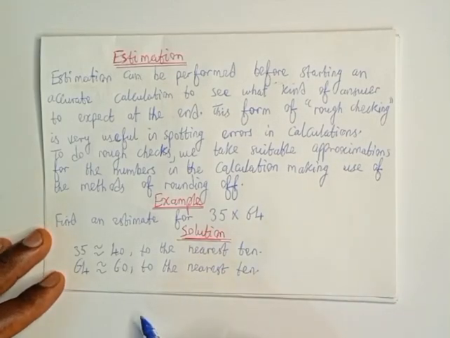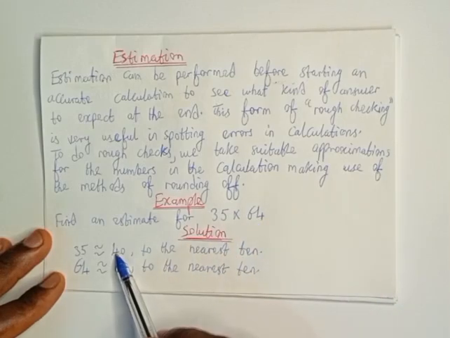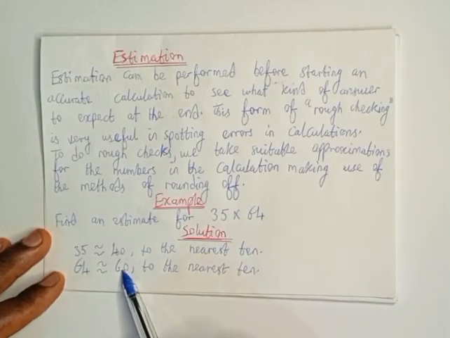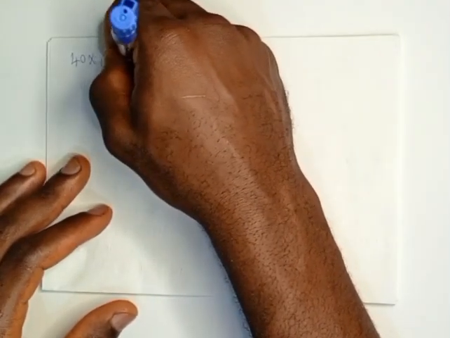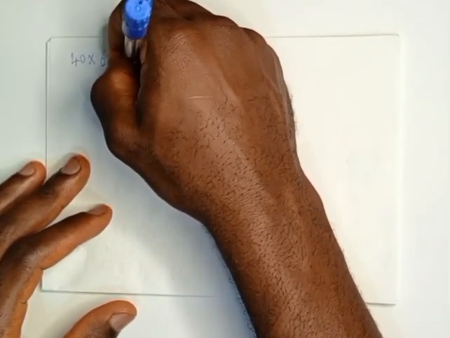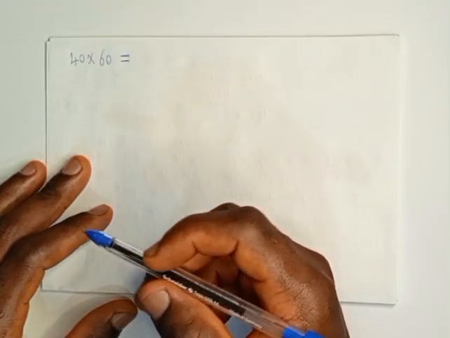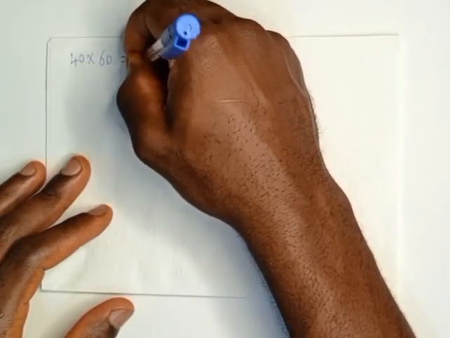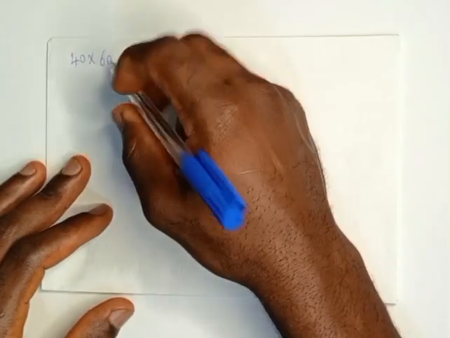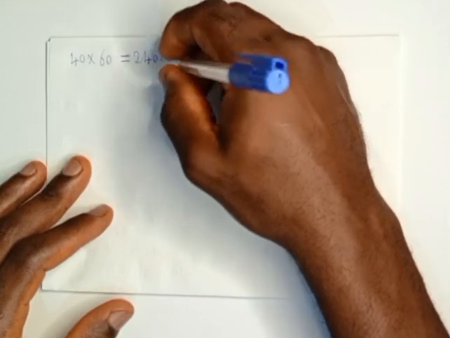Now, for us to get an estimate of 35 times 64, we are going to multiply 40 by 60. 40 times 60 is simply equal to, we can easily multiply 40 by 60. We know 4 times 6 gives us 24. Then we attach the 2 zeros. It gives us 2400.